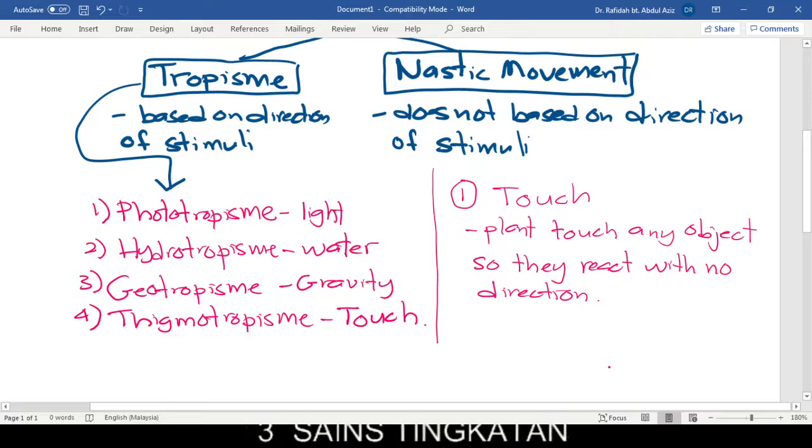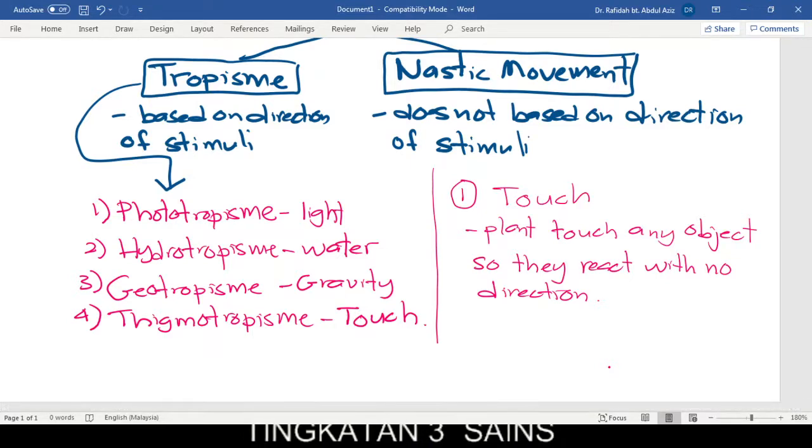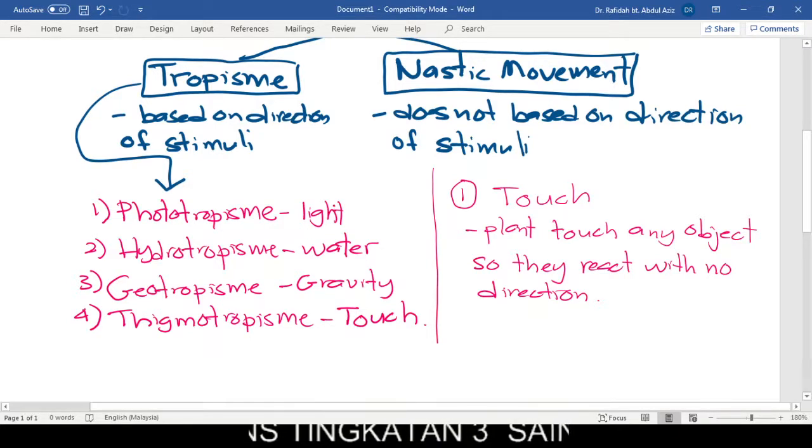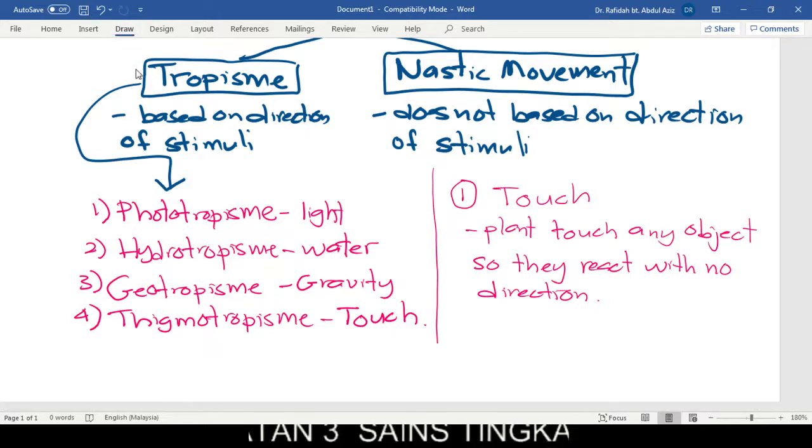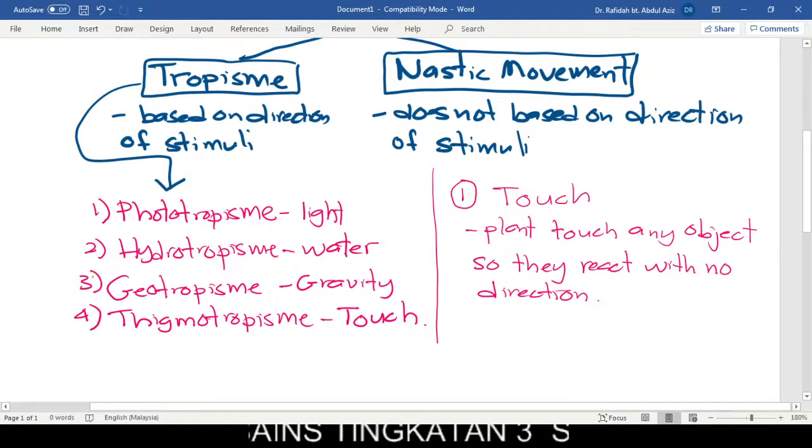Now we will explain a little bit about the process of how tropism occurs. This tropism is based on two terms.